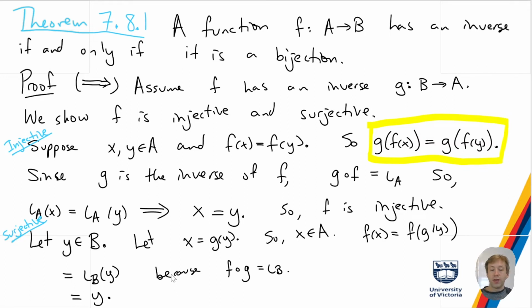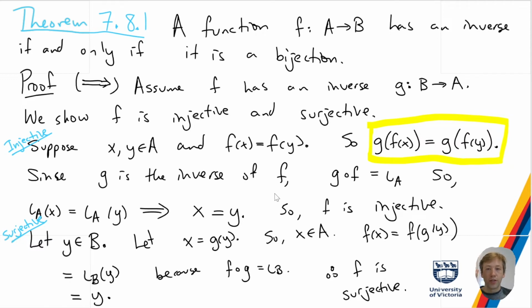So we started with an element y of B, and we found an element x of A such that f of x is equal to y. So we've shown that f is surjective. Okay. So this proves the first direction of the theorem. So we've proven that if f has an inverse, then it must be bijective.